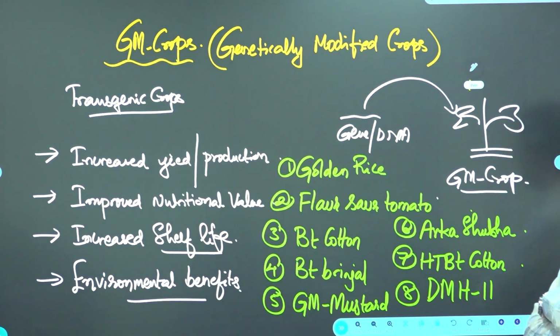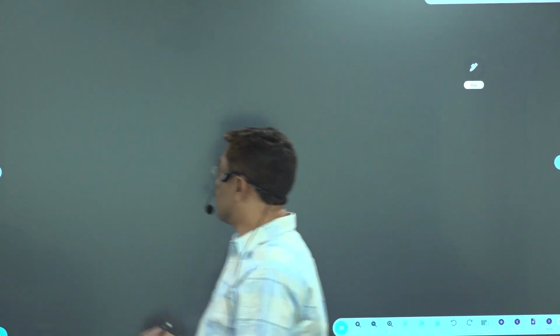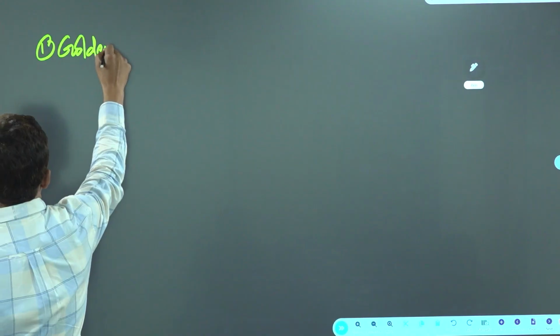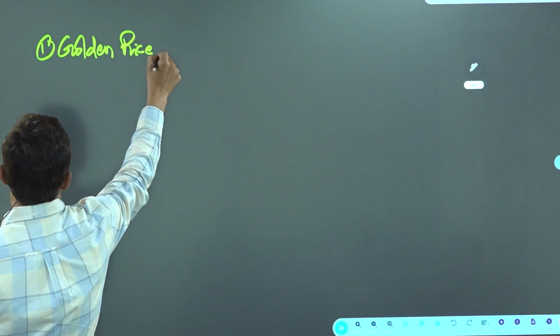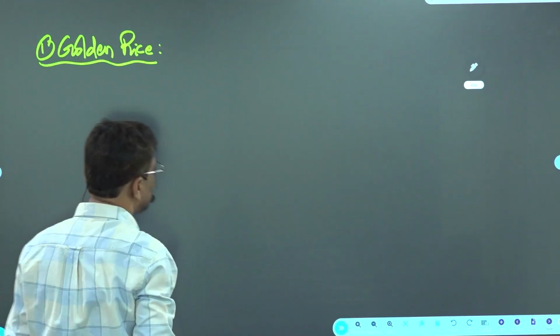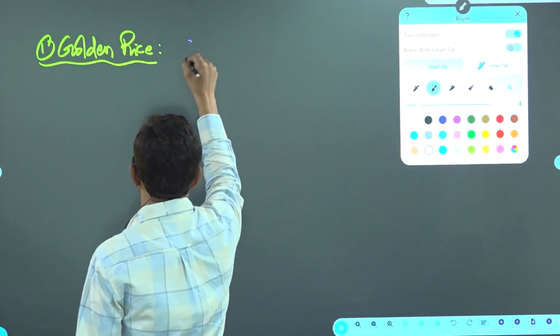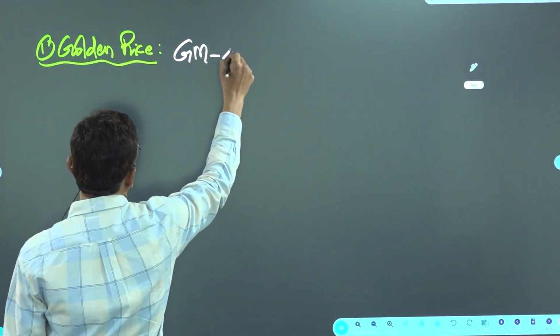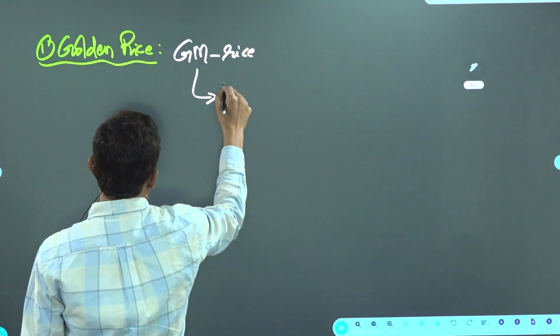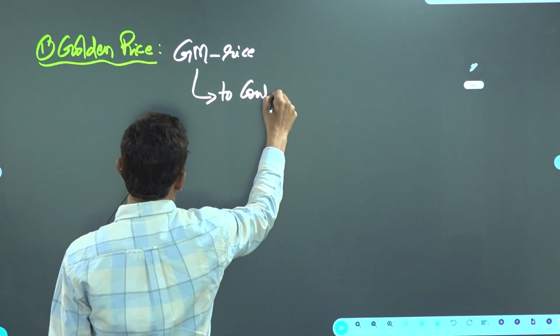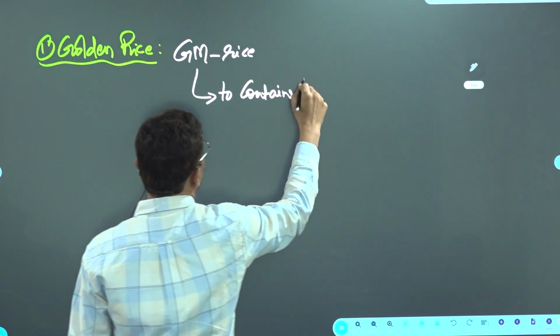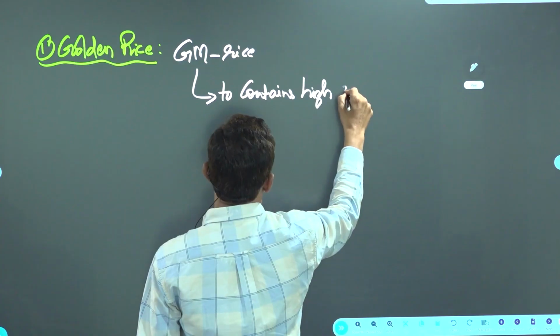Right. So let us see one by one. So golden rice. Actually, golden rice is a genetically modified rice containing high amounts of beta carotene.